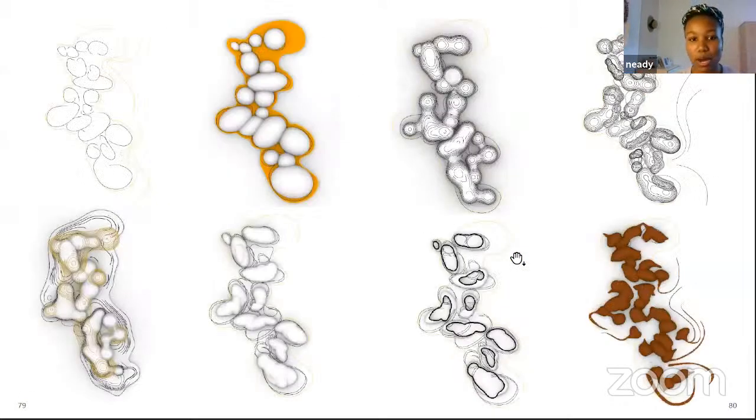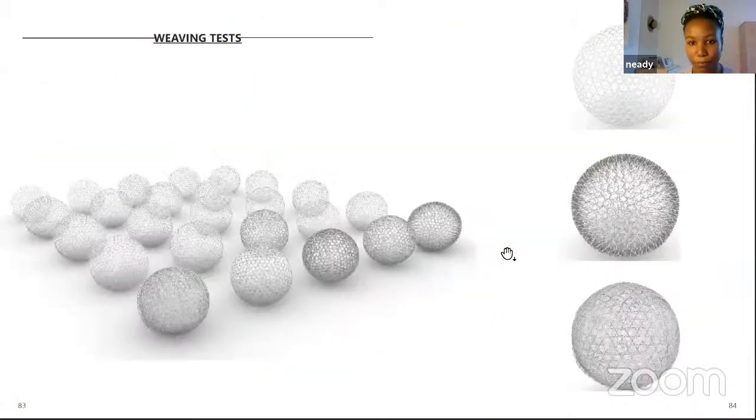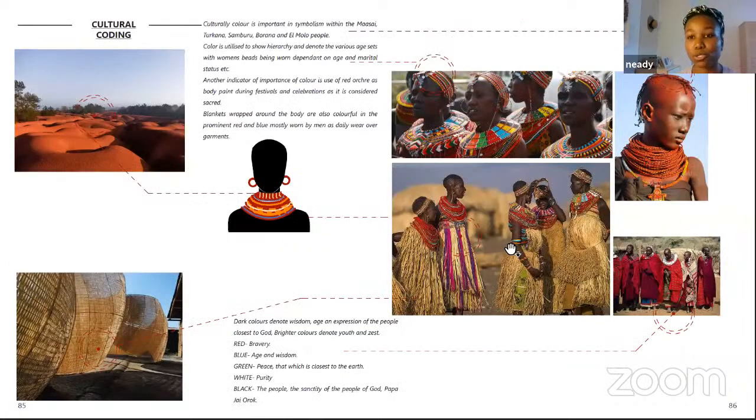That is how I came up with the final design, which also looked into cultural coding, because I don't think in Africa we can come up with a monolithic way of building, even though we have some similar systems. I think our building is very culturally coded. Sometimes color has a cultural meaning. Material also, not necessarily just for environmental reasons, but also has a cultural meaning.